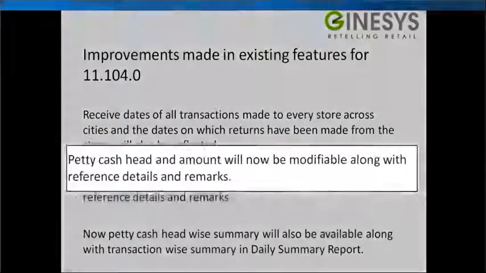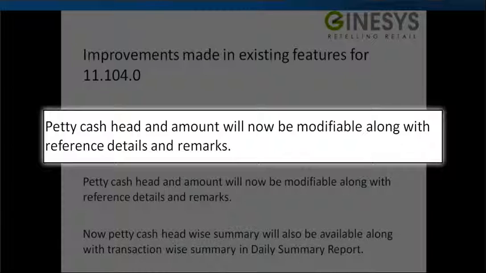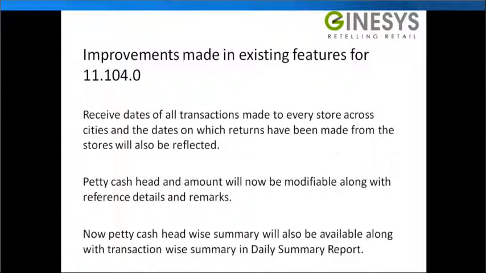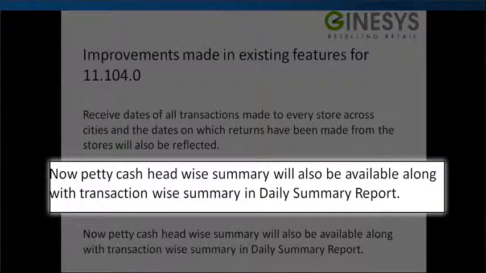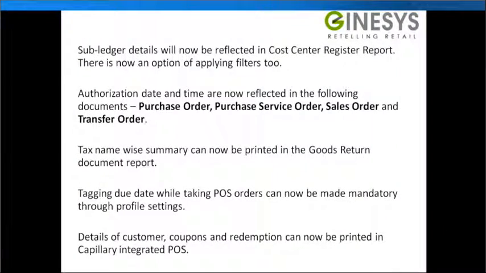Petty cash head and petty cash amount will now become modifiable along with the reference details and remarks. Now, petty cash head wise summary will also be available along with transaction wise summary in the daily summary report.